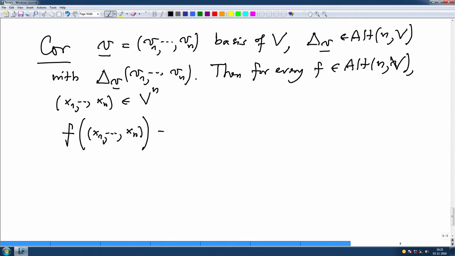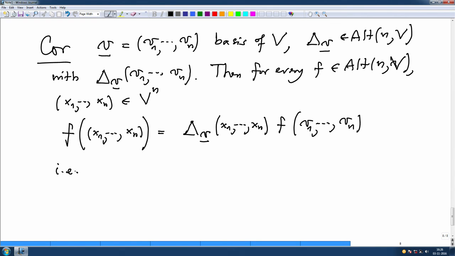That is nothing but delta V evaluated on x1 to xn times f of V1 to Vn. This is a constant. So, every alternating form f is uniquely determined by its value on a basis.